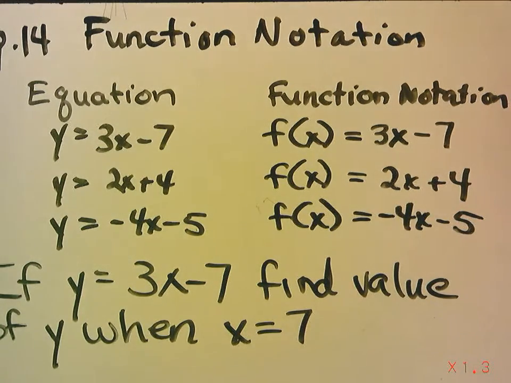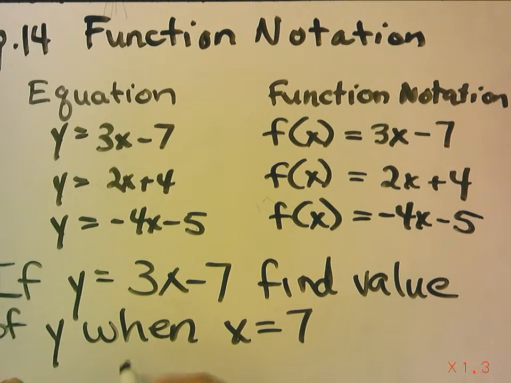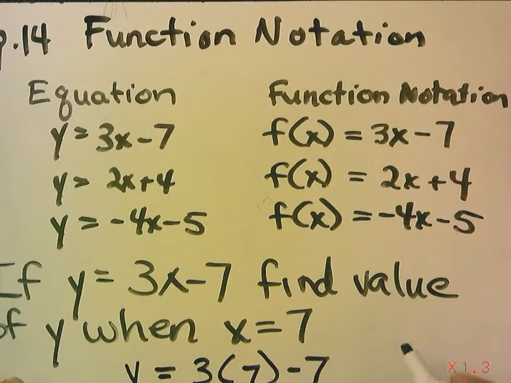Now, if you're given the equation y equals 3x minus 7, and I ask you to find the value of y when x equals 7, you would say, okay, I'm going to plug in a 7 for x. 3 times 7 is 21. 21 minus 7 is 14. Y equals 14.